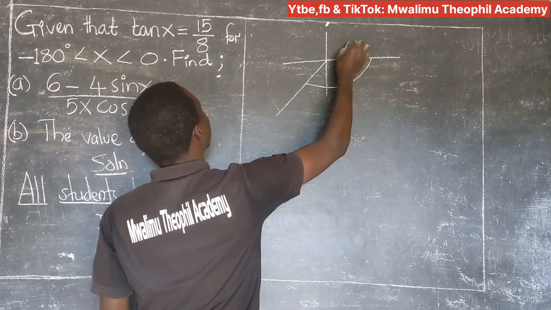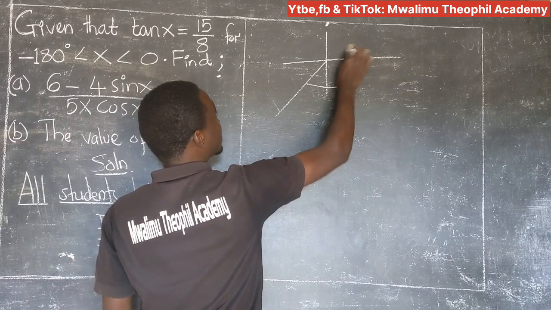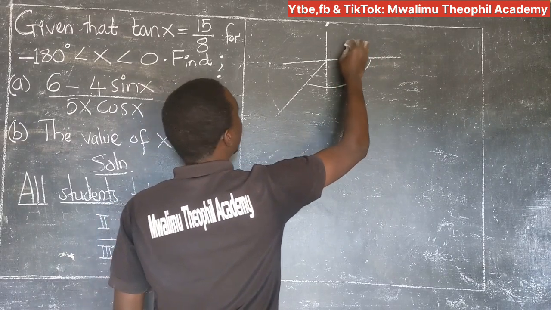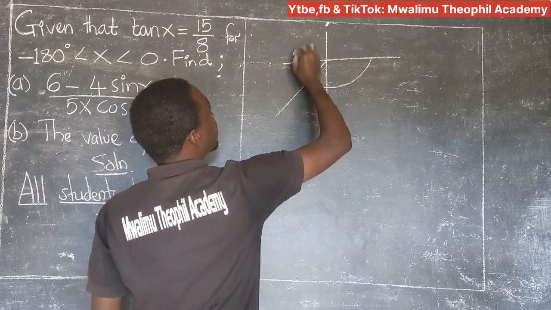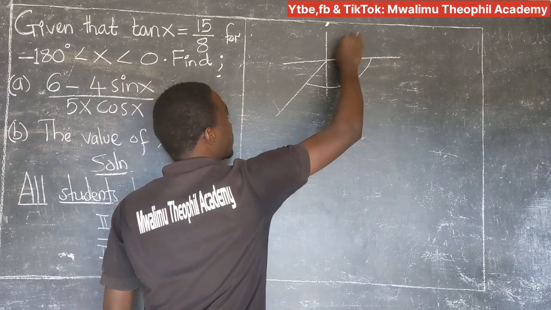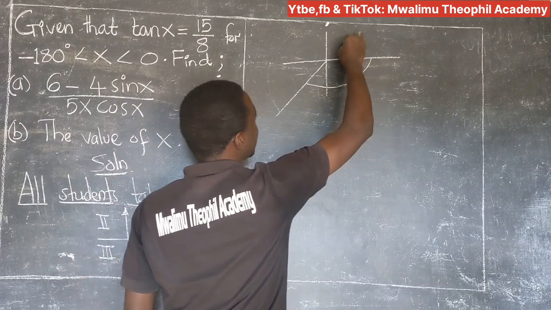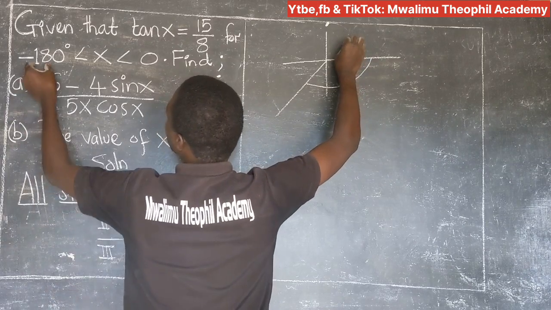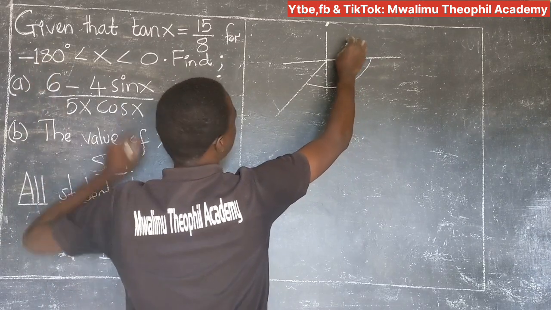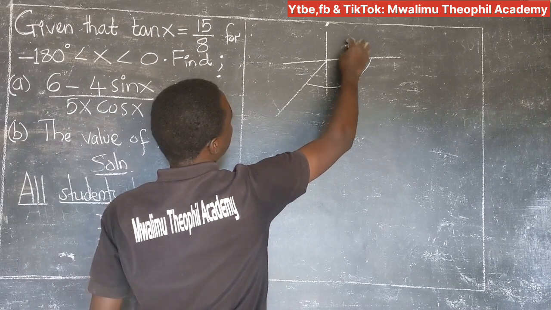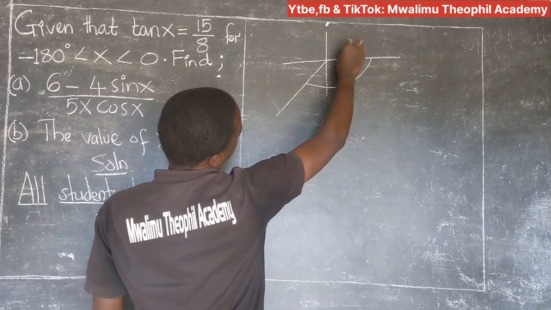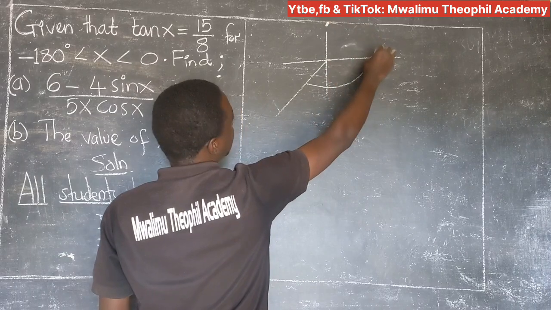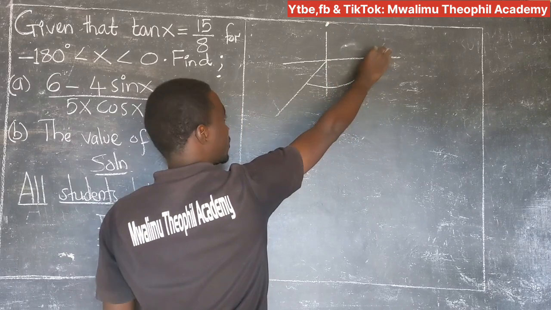Though in the first quadrant tangent is positive, we can't find our angle x in the first quadrant because when we go this way up to the point where we reach the first quadrant, we find that the angle will be less and less compared to negative 180. The angle can be maybe between negative 270 and negative 360.